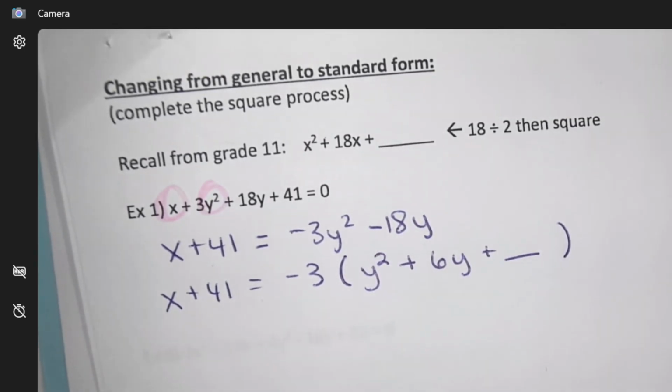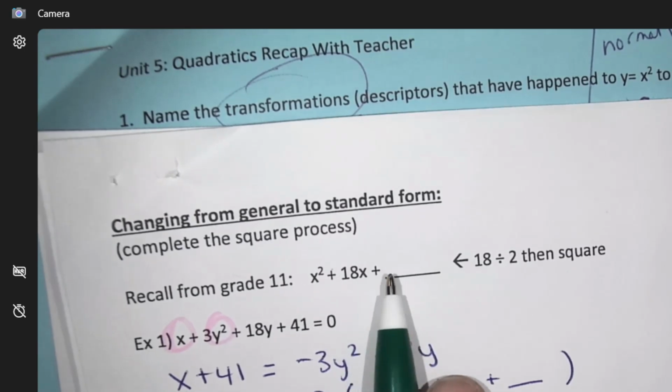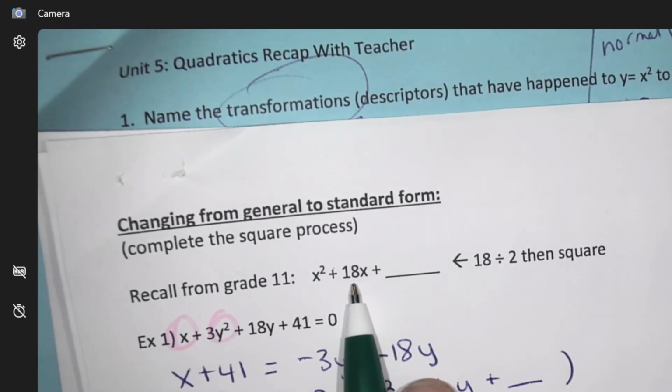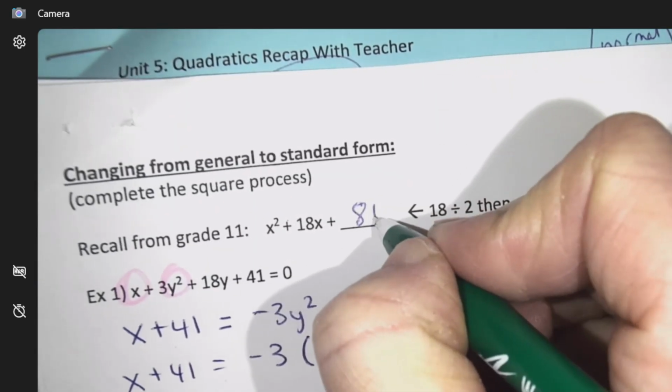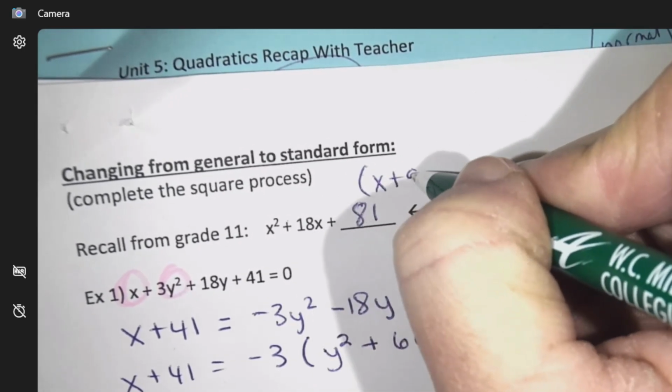This is the process. So do you remember trinomials? You always want this perfect trinomial, and it has to be a simple trinomial. Okay, let's go back here to grade 11. So what do you do? You take half and square it. So what's half of this? 9 squared. So this would be 81, which, do you remember we wrote x plus 9 squared?